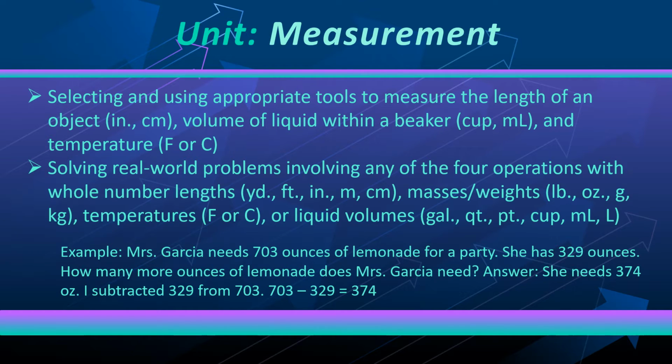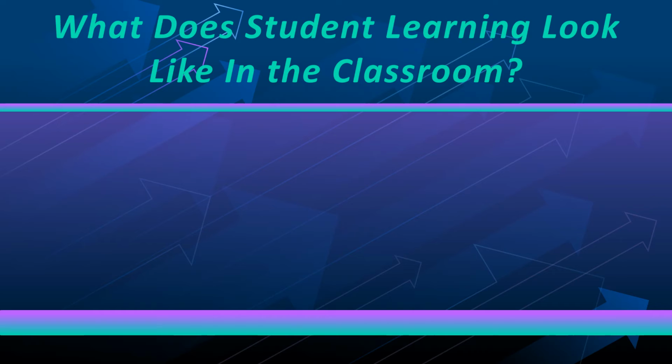For example, there's a story problem. Miss Garcia needs 703 ounces of lemonade for a party. She has 329 ounces. How many more ounces of lemonade does Mrs. Garcia need? So the answer is that she needs 374 ounces, and the students might explain that they subtracted 329 from 703. Let's take a look at what learning might look like in the classroom during this measurement unit.